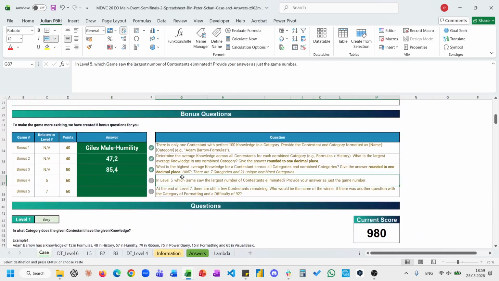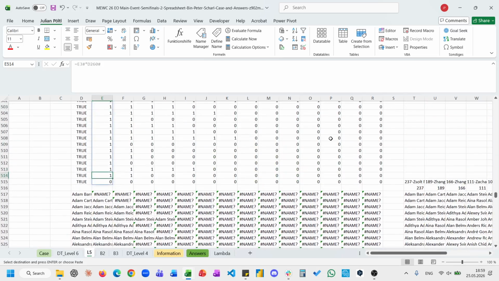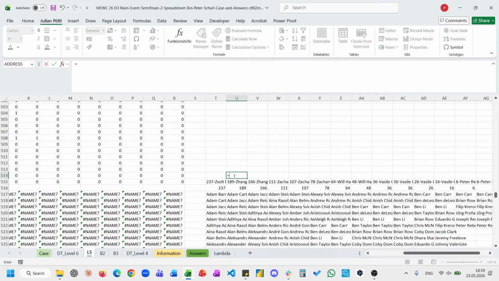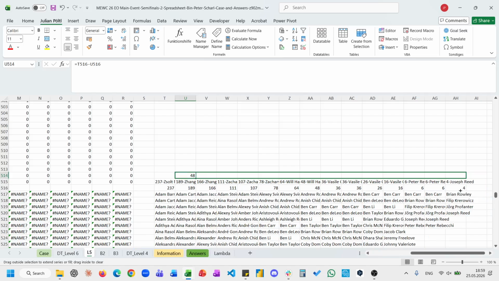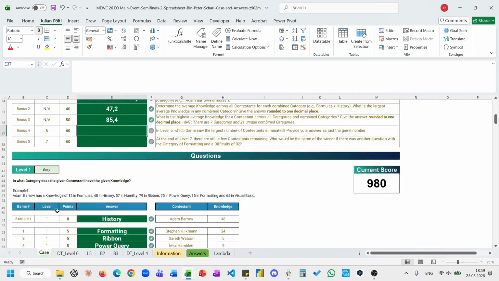Definitely. Level 5. Which game saw the largest number of contestants eliminated? It's not an issue. So basically this minus this. Largest 55, so the 4th game.